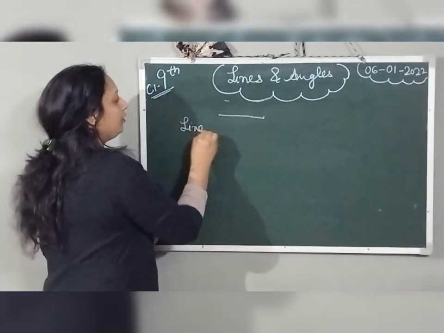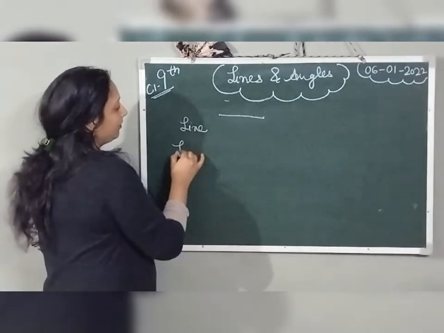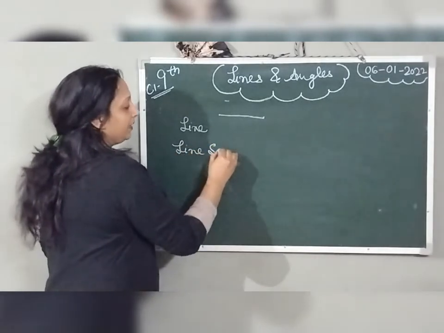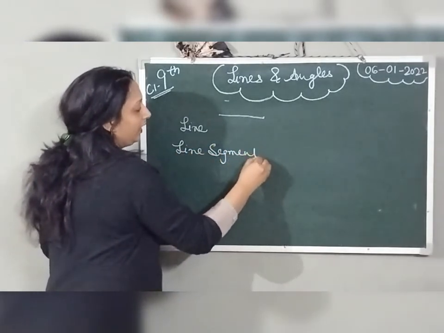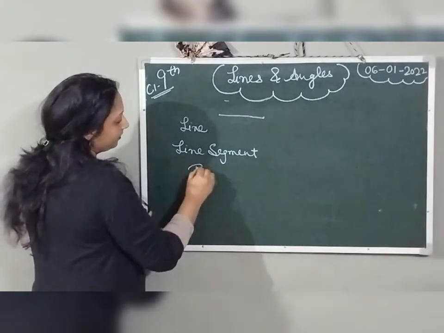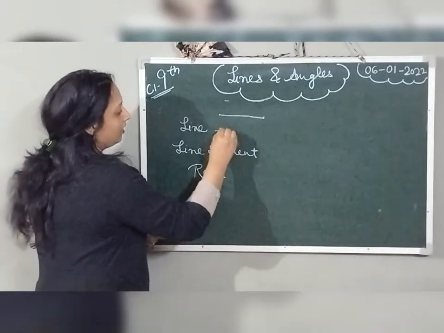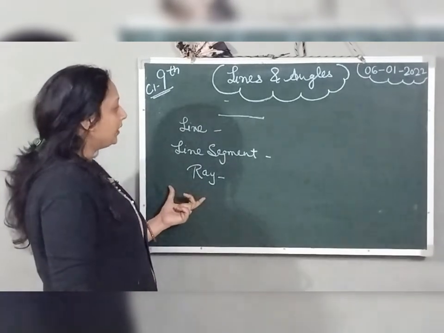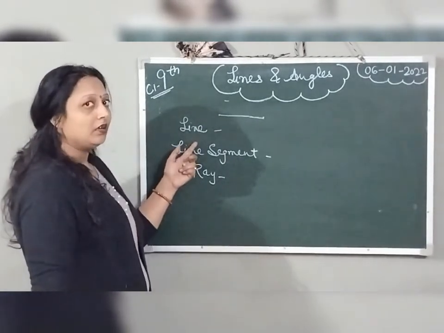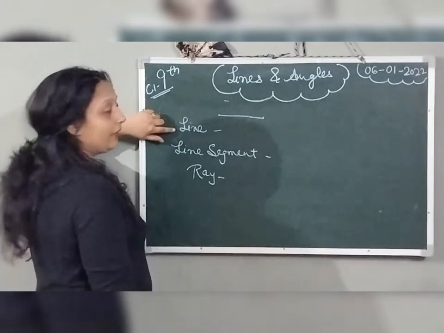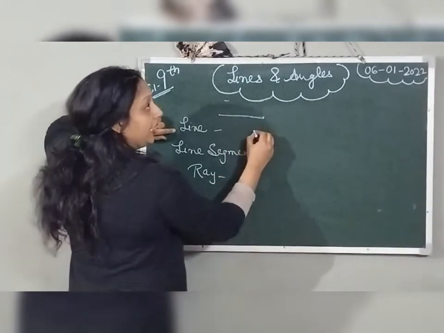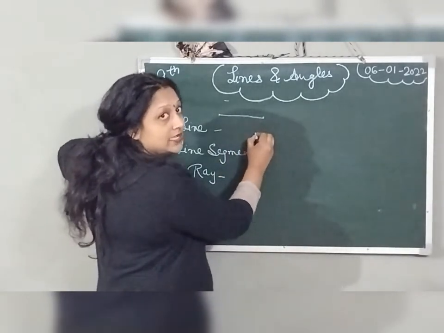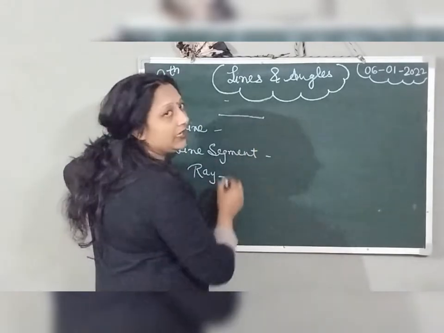First, I am going to talk about line, the second is line segment, and the third one is ray. These three, first one is line. A line can be extended in both directions as much as you can, or we can call it infinity.